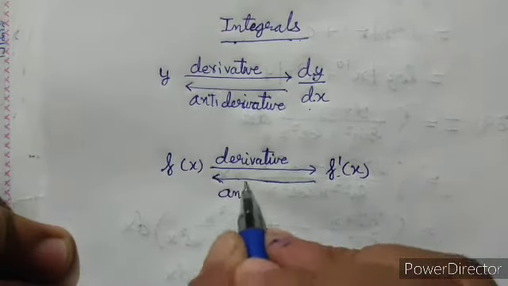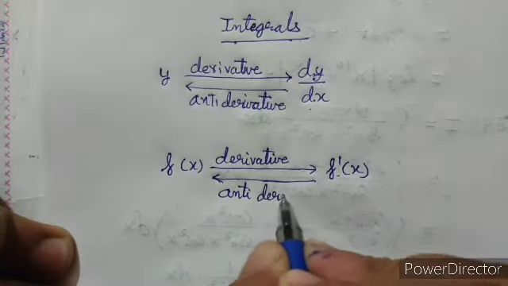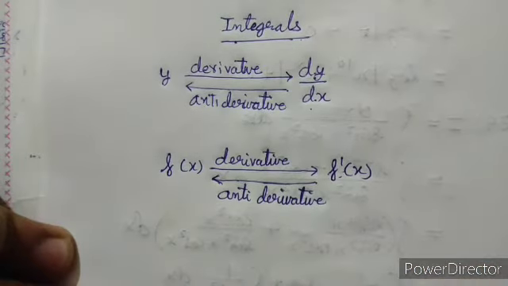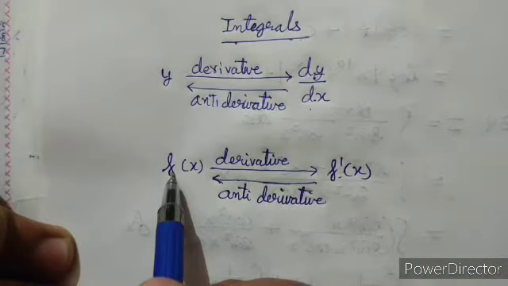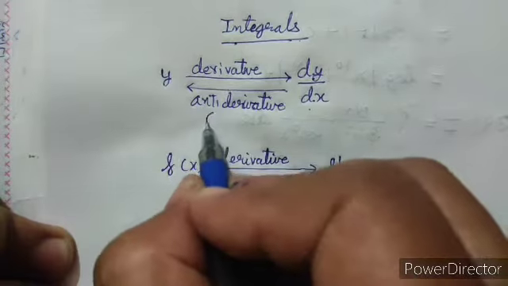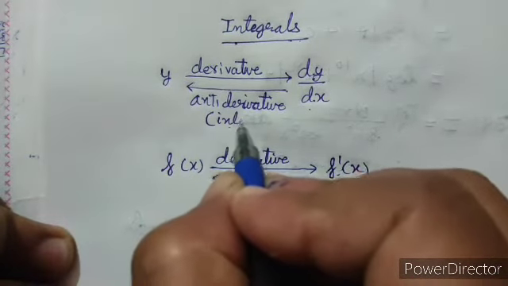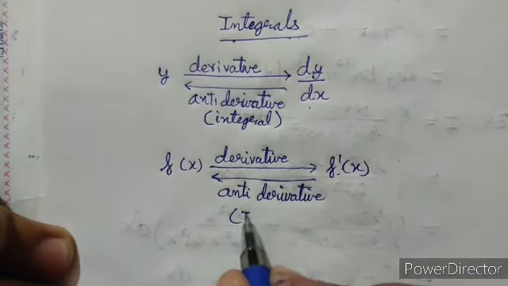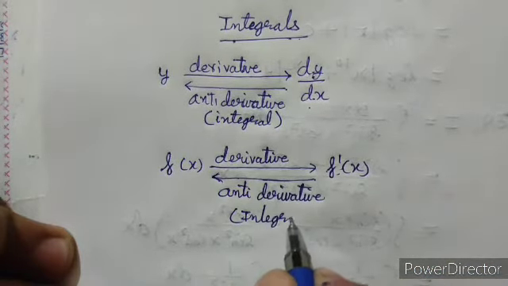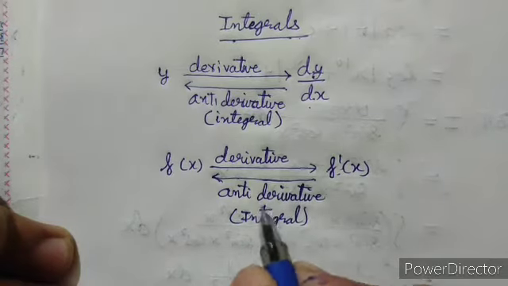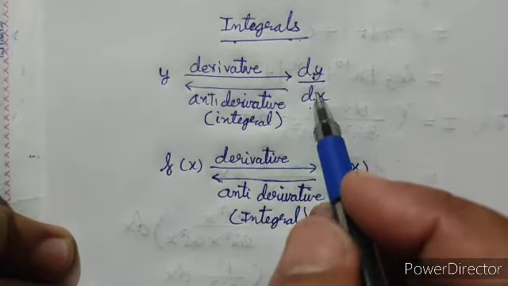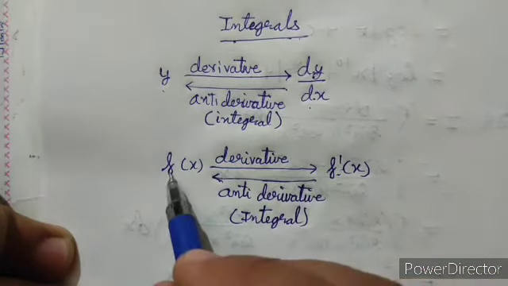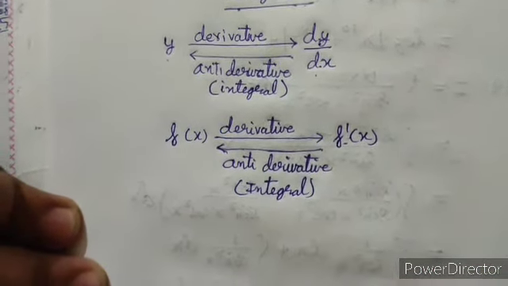Then we will find the antiderivative of f dash x, and that will be f(x). Now this antiderivative is called the integral. Therefore we can say that the integral of dy by dx will be equal to y and the integral of f dash x will be equal to f(x).